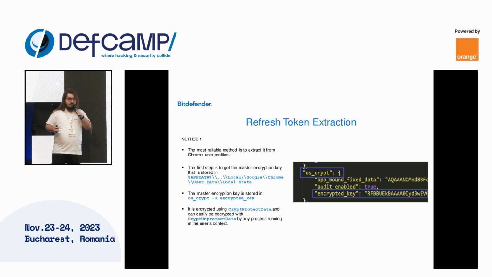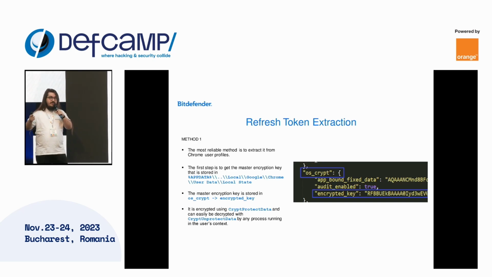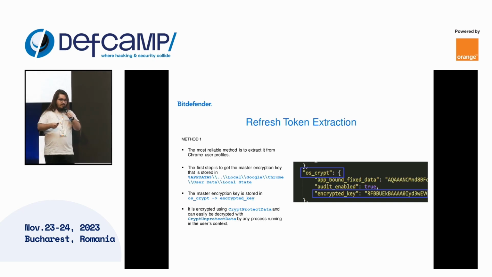The first method is to extract it from Chrome's profile. Essentially, when Chrome wants to store an important string that might be security sensitive, it encrypts it with a randomly generated key. But also that key is encrypted and stored in the local state file.